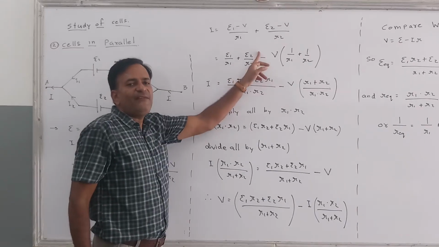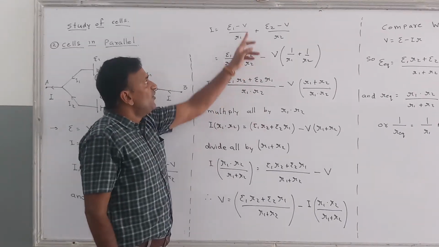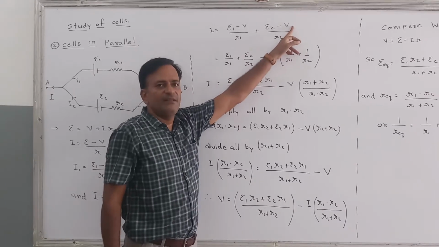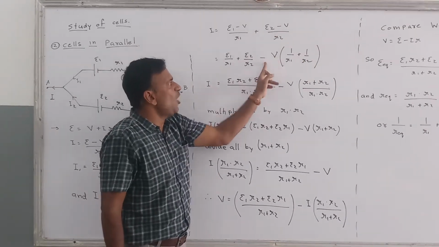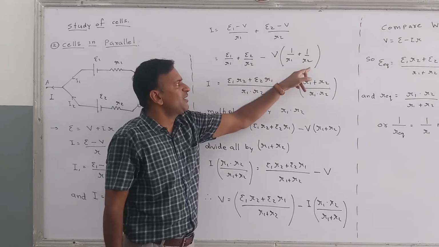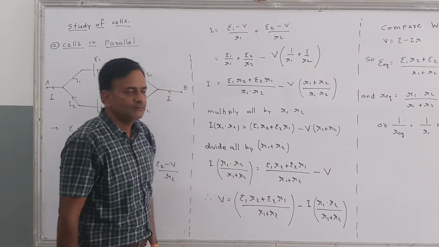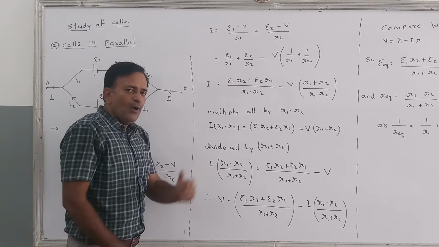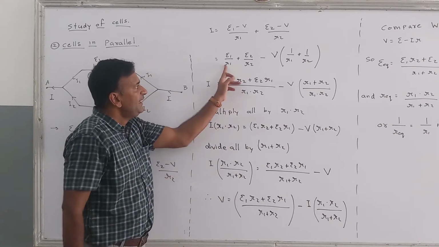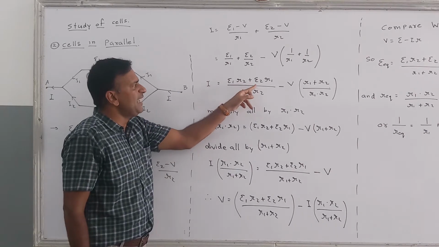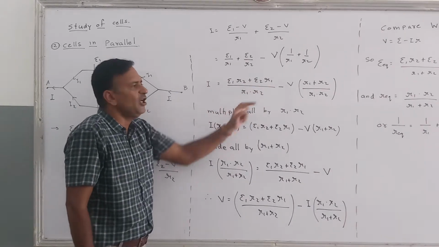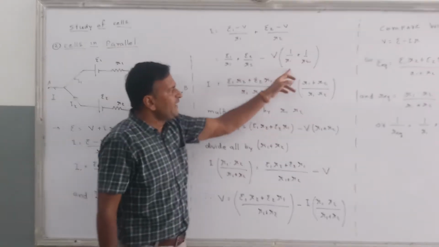Epsilon terms have been taken on one side, V terms have been taken on another side. Minus V is common, so we get 1 by R1 plus 1 by R2. Now take the LCM, it becomes epsilon 1 R2 plus epsilon 2 R1 divided by R1 dot R2. Here also take the LCM.